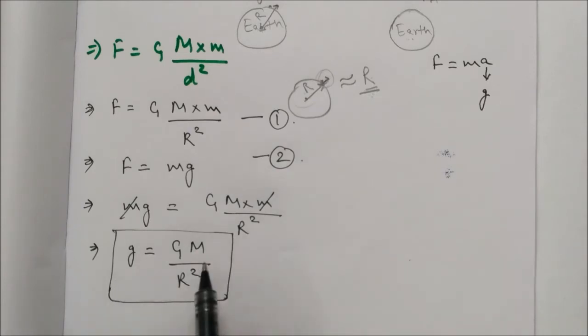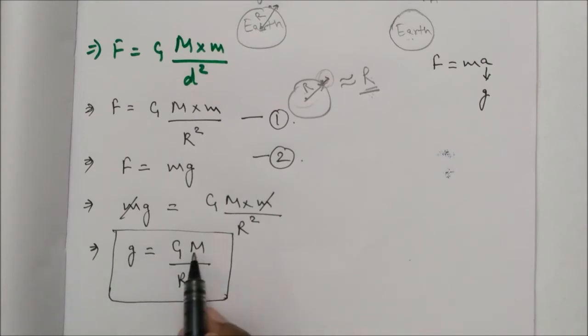So does the acceleration due to gravity depend on the mass of the object? No. Why? Because the mass of the object is not in the formula. Here mass is only the mass of earth. So can we say that the acceleration due to gravity is independent of the mass of the object?